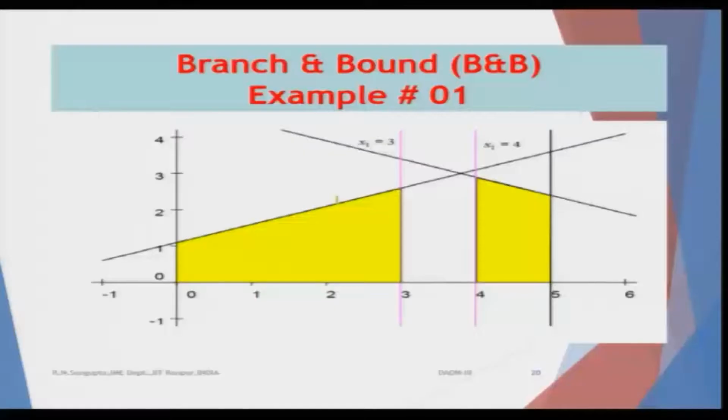I am just giving you the scenarios. And the left part, again you have a feasible region considering the linear programming, solve it. If you get the decision variables as integers, then also you will stop, compare these two results and give the optimum one, which is the maximum one.